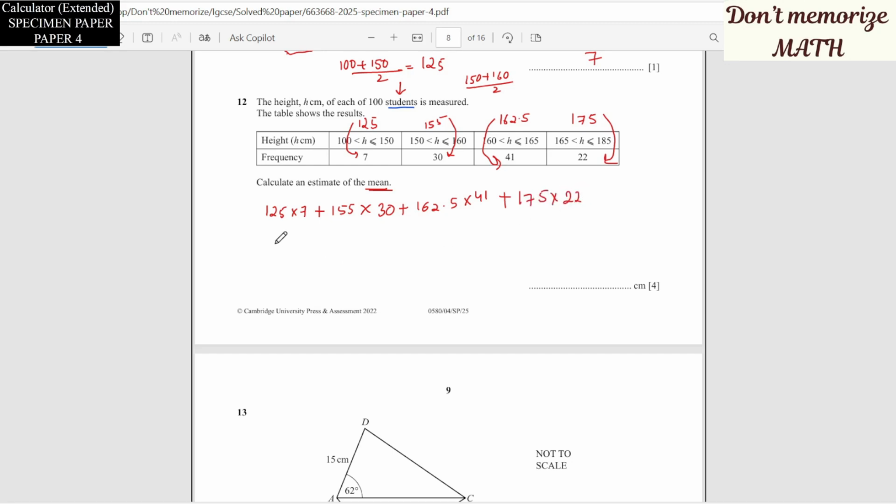This is the numerator, whole divided by the total frequency, 7 plus 30 plus 41 plus 22.